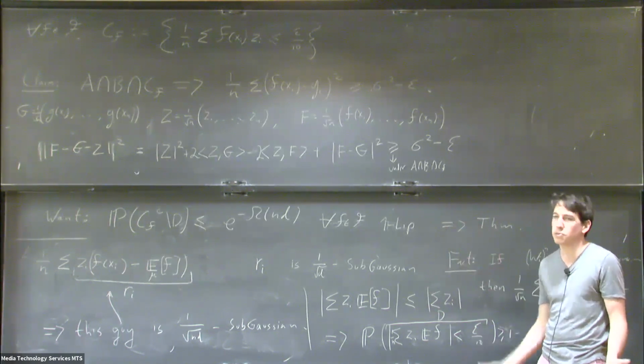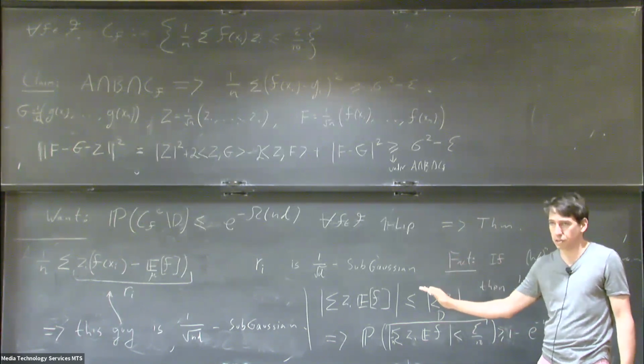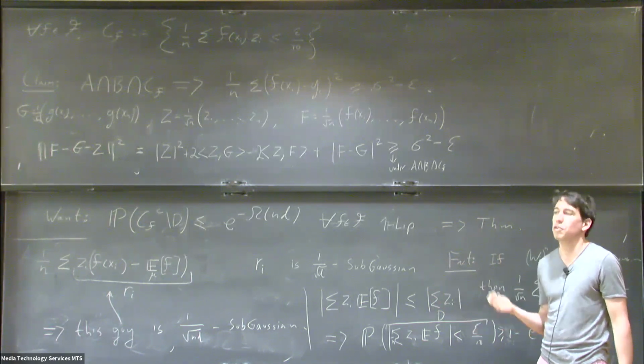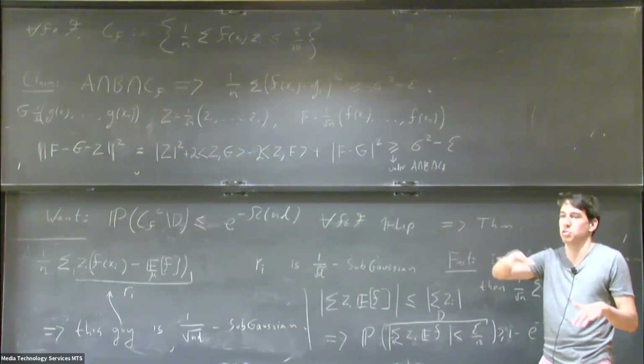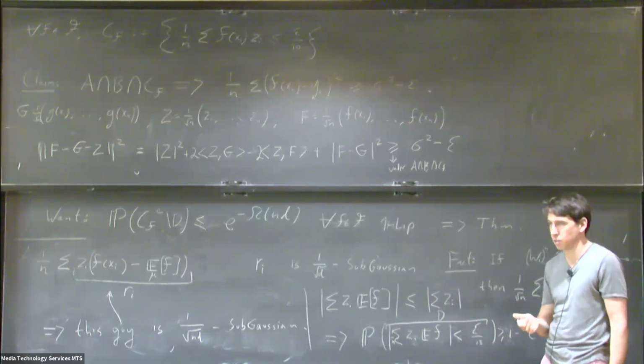So there is no concentration, but their theorem still works if mu is a mixture of not too many measures which are themselves 1 over root d concentrated.